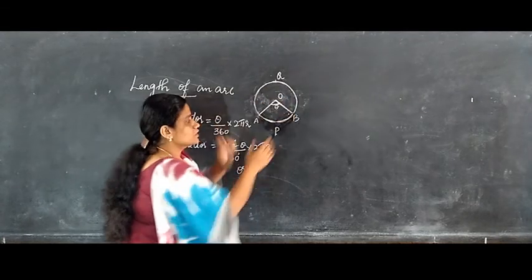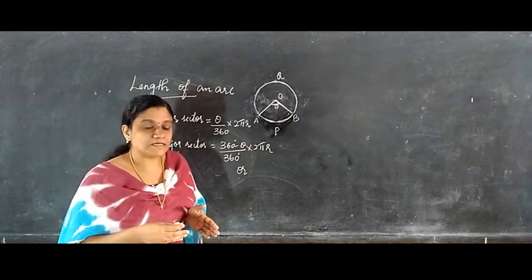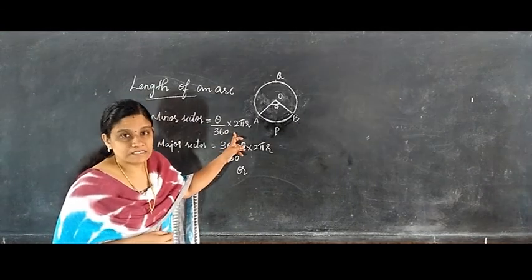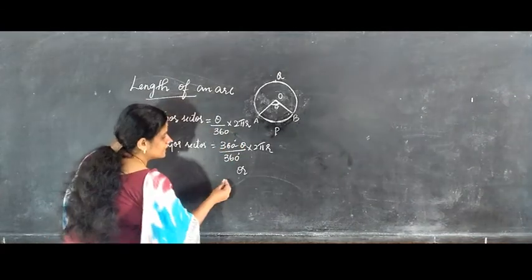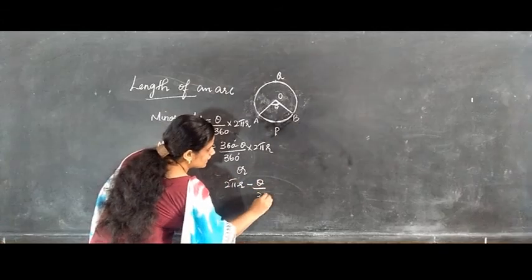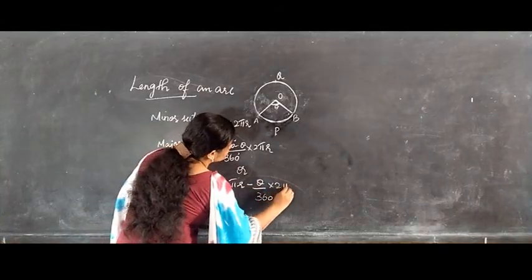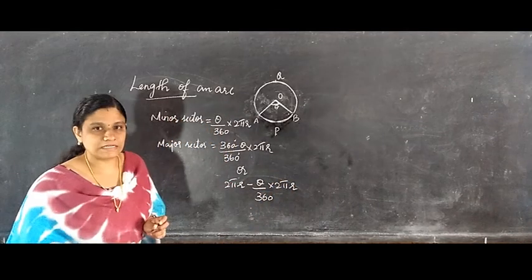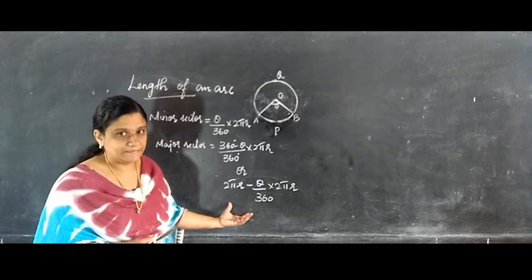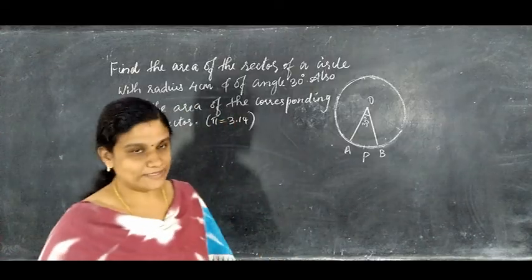So we can write circumference of the circle minus length of arc of a minor sector. The next formula is 2 pi r minus theta by 360 into 2 pi r. Is it clear? So any one we can use. Now we'll see one question.